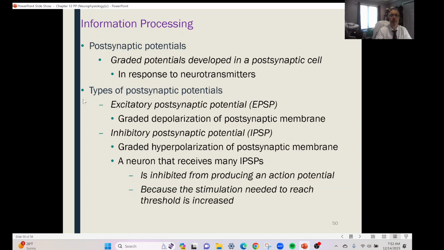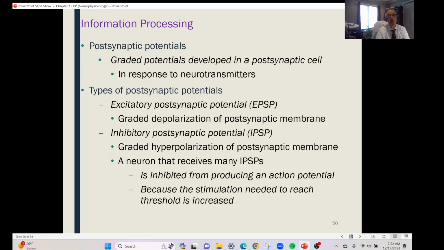This is the new part. There can also be IPSPs. These are inhibitory postsynaptic potentials. Here, graded hyperpolarization takes place. So instead of going towards threshold, we're actually going further away from threshold, more towards minus 90, not more towards minus 60 or minus 55.